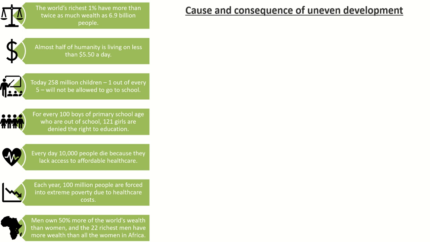Around half of humanity is still living on less than $5.50 a day. And of the 258 million children around the world, 1 out of every 5 will not be allowed to go to school. That is uneven development. Some places have very high wealth, health, and education, and some places do not.